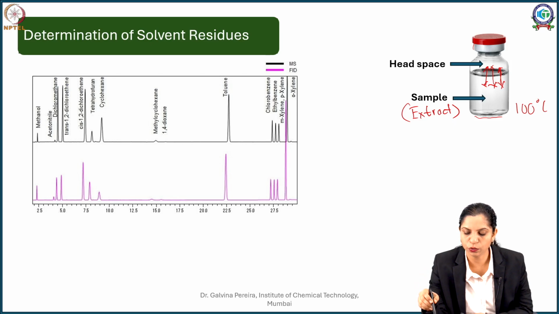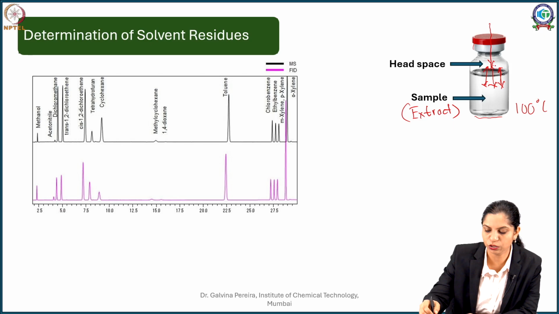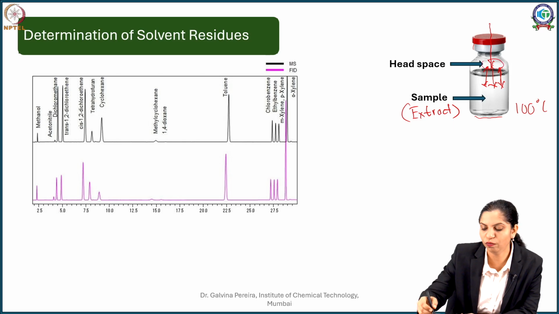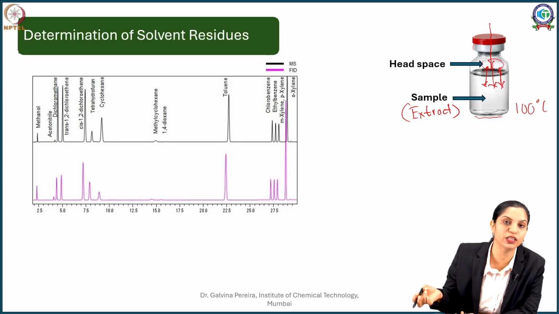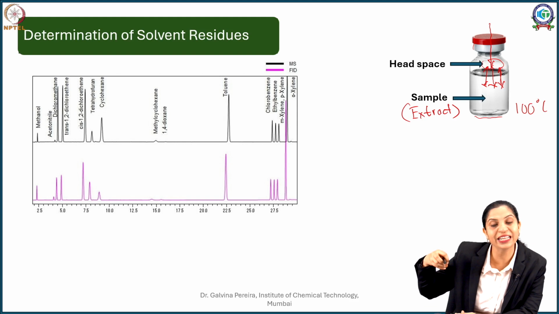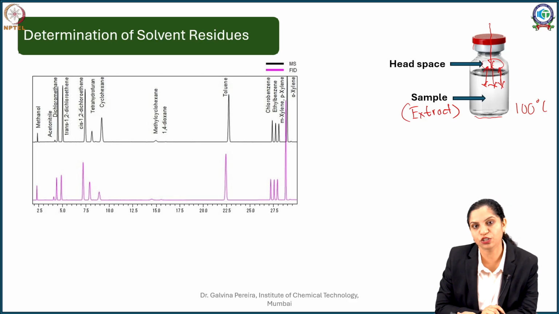Now what happens is your headspace analyzer will come in, it will prick the needle into this vial, and it will take in all the headspace. It will use vacuum to pull in all these vapors which are generated, and this vacuum will take in your ethanol, methanol, chloroform, whatever is there. Now everything that is in the headspace is pulled out, and that volume is injected into your gas chromatography.